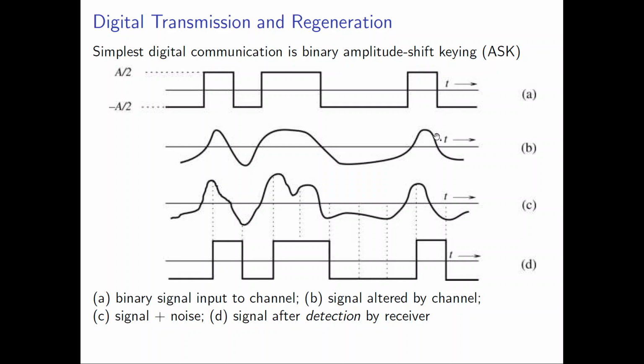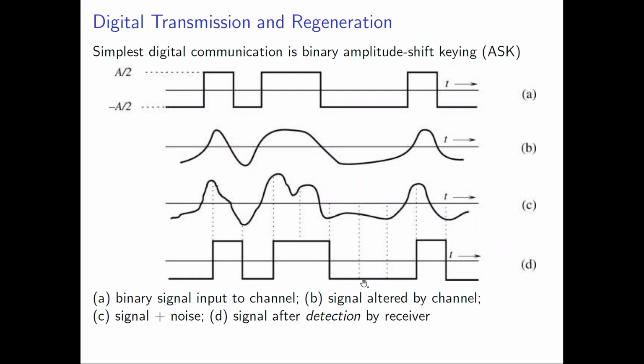Now, when it reaches the place where it needs to be decoded, it gets affected by noise. It gets affected by the channel medium. Figure B shows you the effect of the channel on your signal after you transmit it over the channel. And C represents the effect of the noise on your data signal.